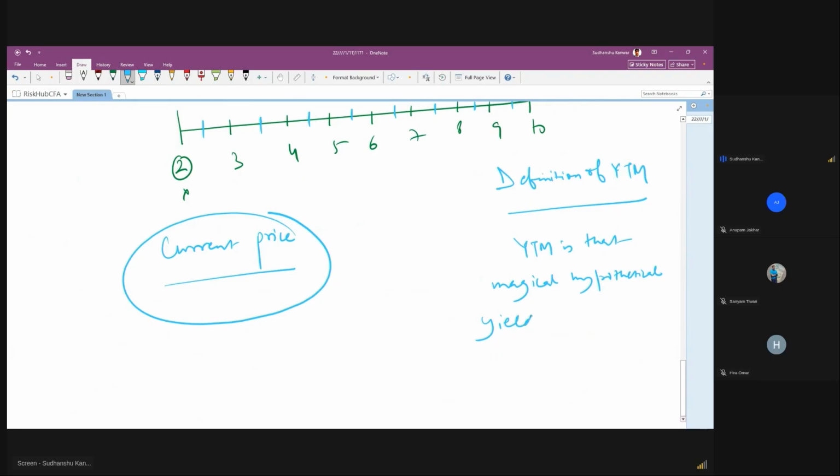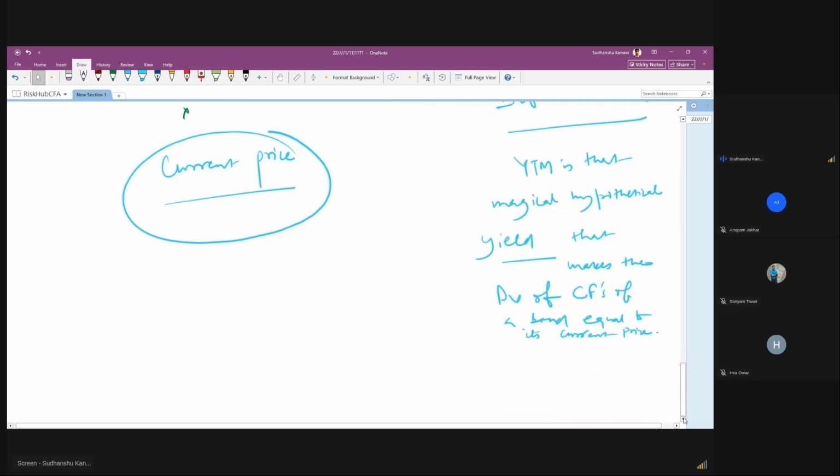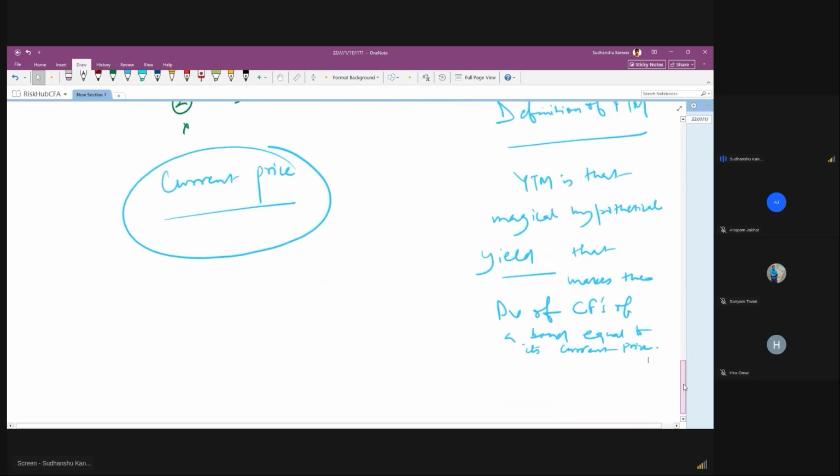It is not observed in the real world. Yield that makes the present value of cash flows of a bond equal to its current price. This is what I wrote in the definition earlier also. When I go there, change the screen, I'll show you. So by this definition, it becomes very clear.